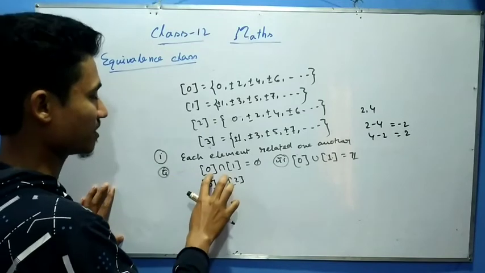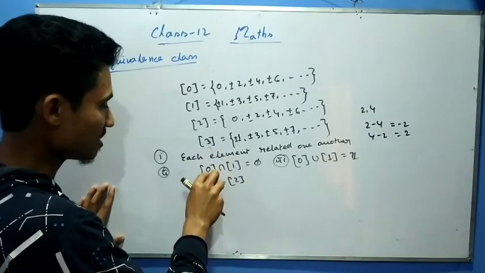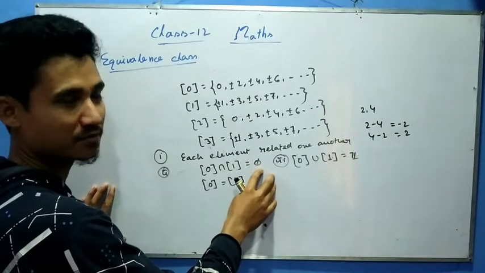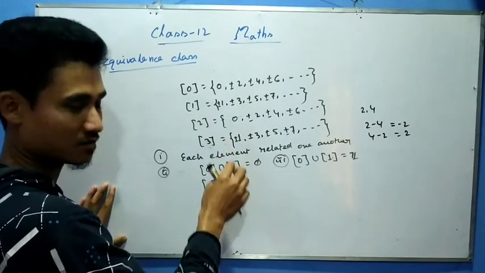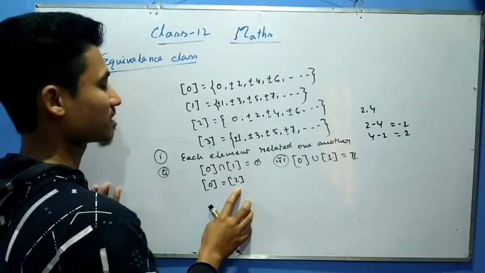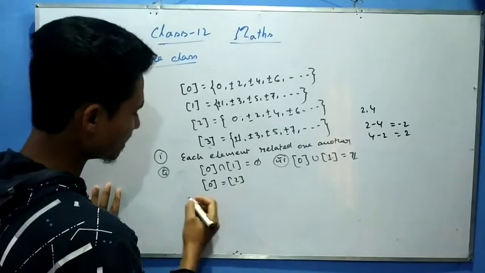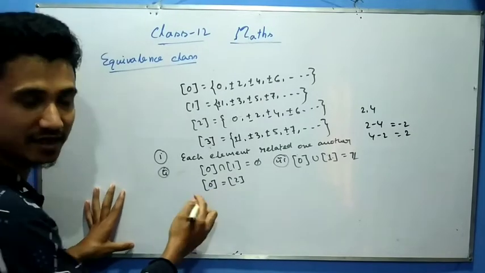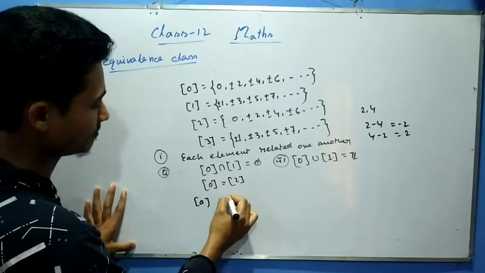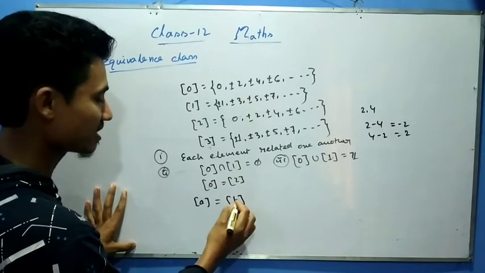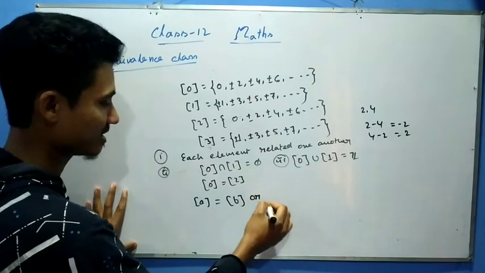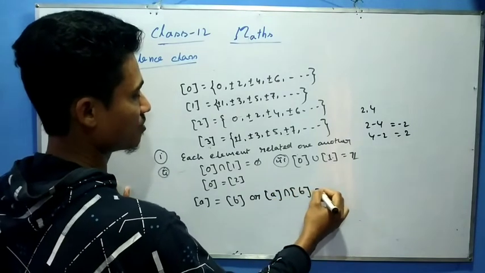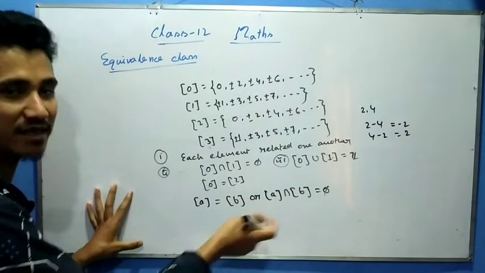Second, what we have got: the equivalence class of 0 and the equivalence class of 1 have an empty intersection, meaning they don't have any common element. The equivalence class of 0 and the equivalence class of 2 are equal. So in general, in a relation, if we find any two equivalence classes, for any elements A and B, then either they are equal or they are distinct, meaning they don't have any common element, their intersection is empty.